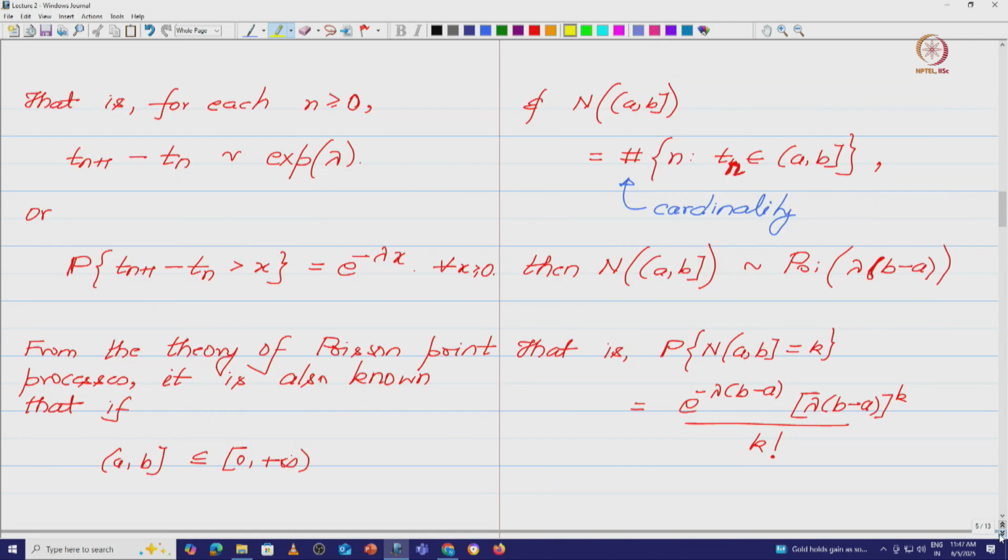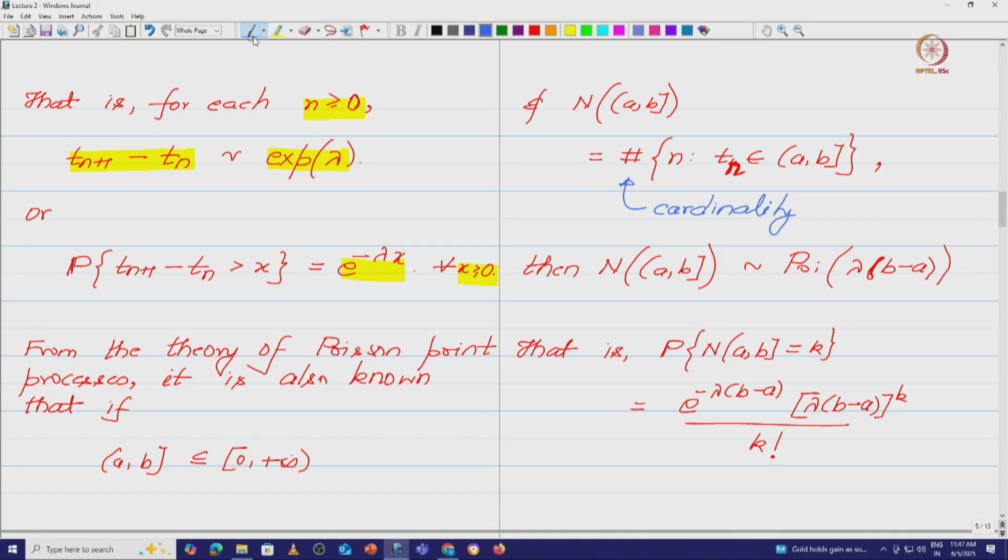So what does the interchange times being exponential mean? It means that for each n greater than 0, Tn plus 1 minus Tn is actually a random variable, and its distribution is like that of an exponential random variable with parameter lambda, which means that if you look at the tail CDF of Tn plus 1 minus Tn, that is the probability that Tn plus 1 minus Tn is greater than or equal to x, this would equal e raised to minus lambda x for all x greater than 0.